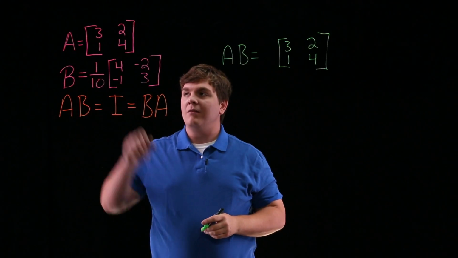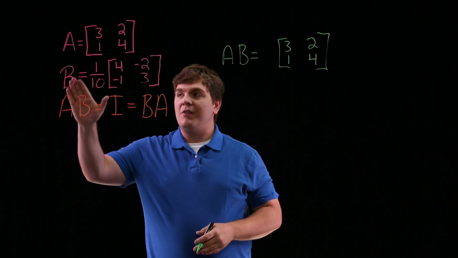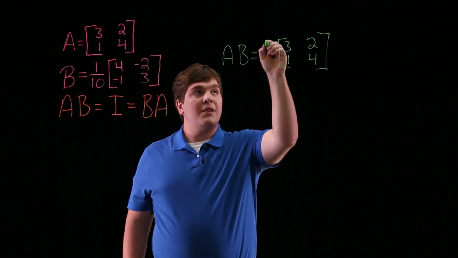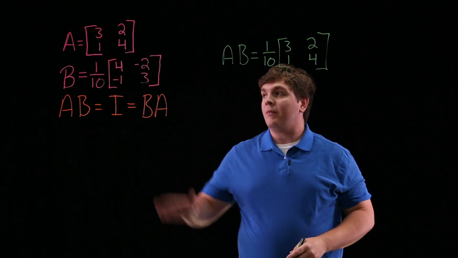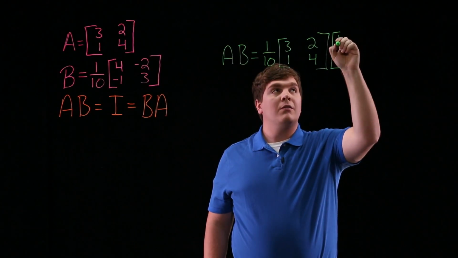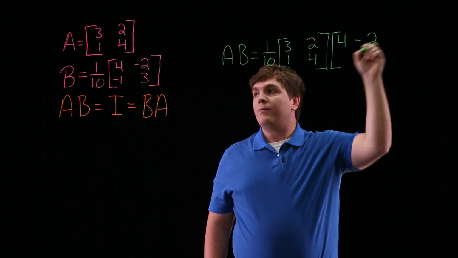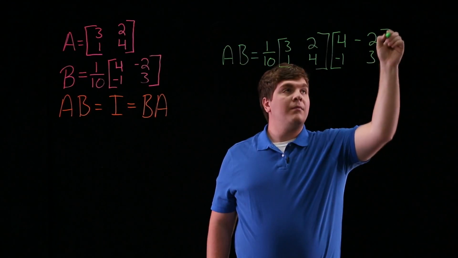Now matrix B has this constant 1/10 out in front of it, and since we can move these constants through the matrices, let's just write the 1/10 right out in front of our matrix A, and then we'll write down the next matrix, which is 4, -2, -1, and 3.